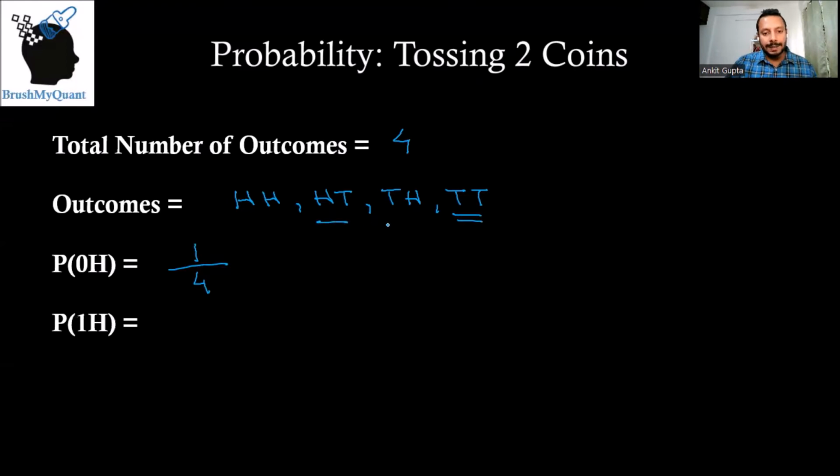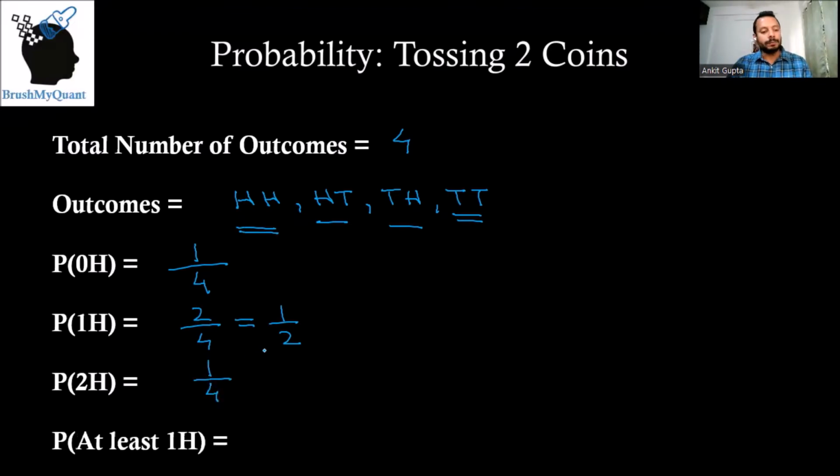We have 2 cases in which we have 1 head each. So probability of getting 1 head becomes 2 divided by 4, or 1 divided by 2. Now, what is the probability of getting 2 heads? Again, we have only one case in which we have 2 heads. So probability of getting 2 heads becomes 1 divided by 4.